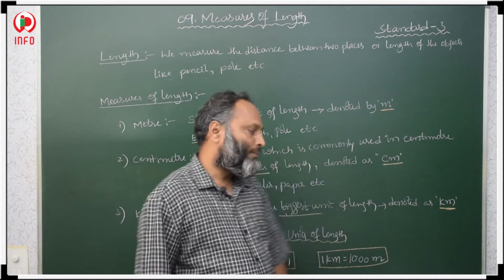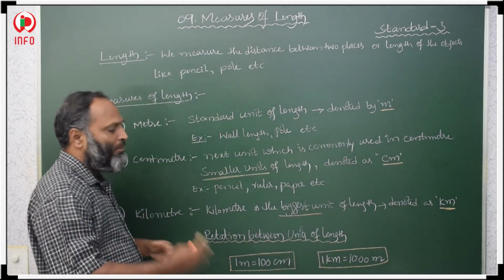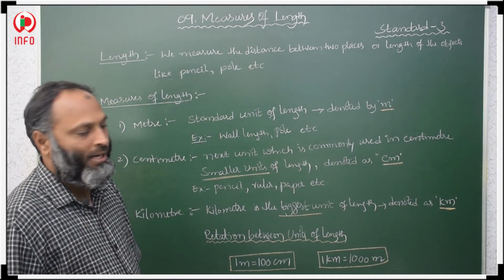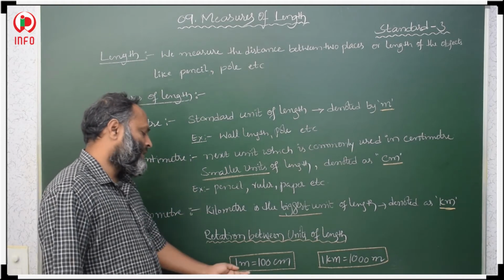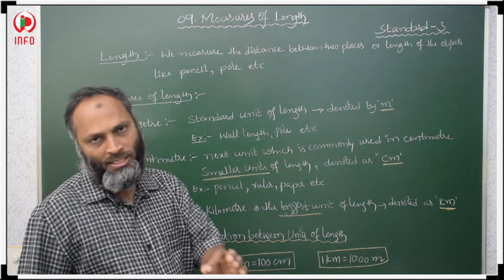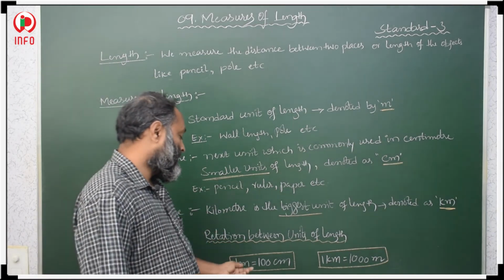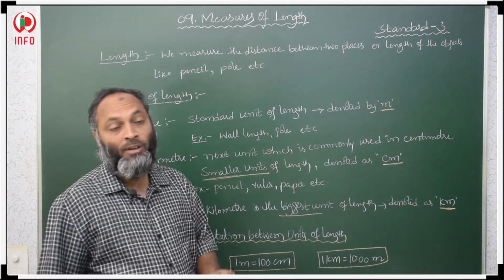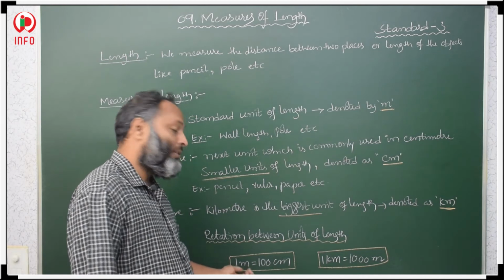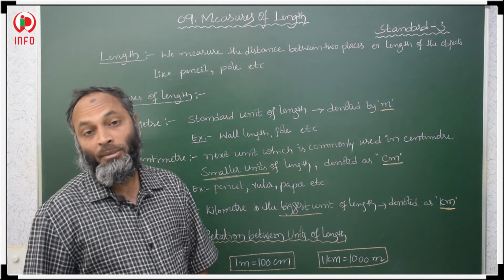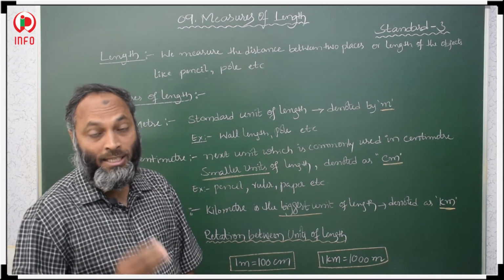Now, here is the relation between units of length. Relation is very important, remember these relations. 1 meter is equal to how many centimeters? 100 centimeters.